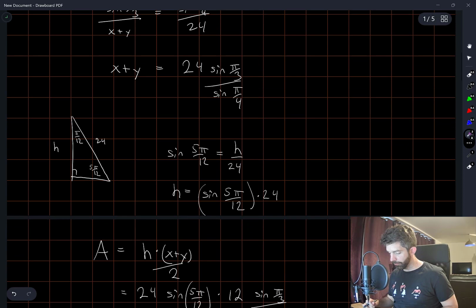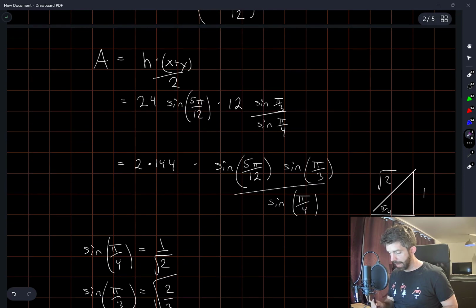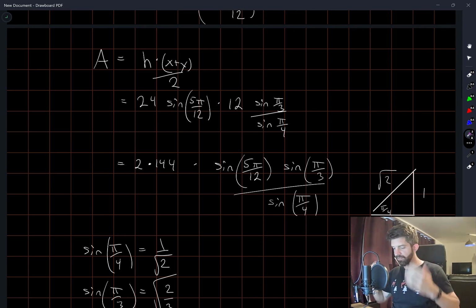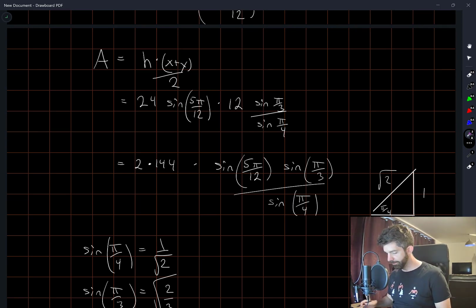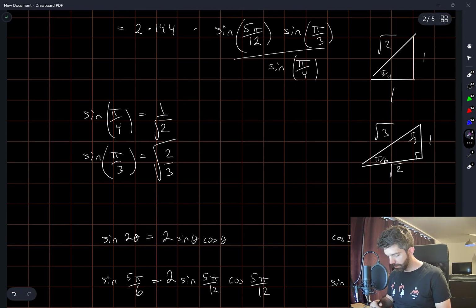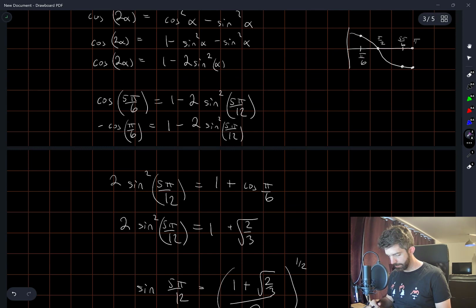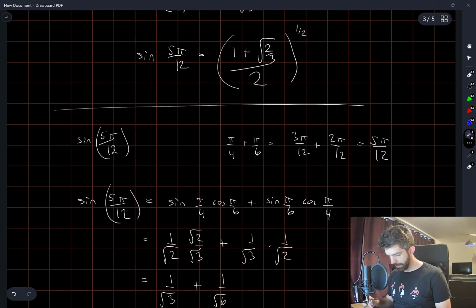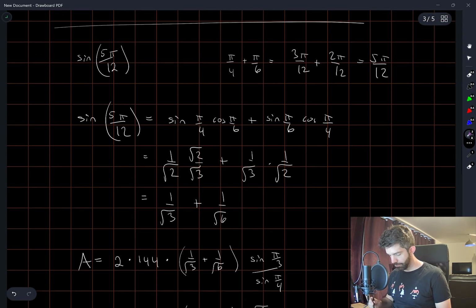One of the most annoying parts of this whole problem is that one of the angles we have is 5 pi over 12. I don't have memorized what the trig ratios for multiples of pi over 12 are. So I ended up deriving that by recognizing 5 pi over 12 is equal to pi over 4 plus pi over 6.